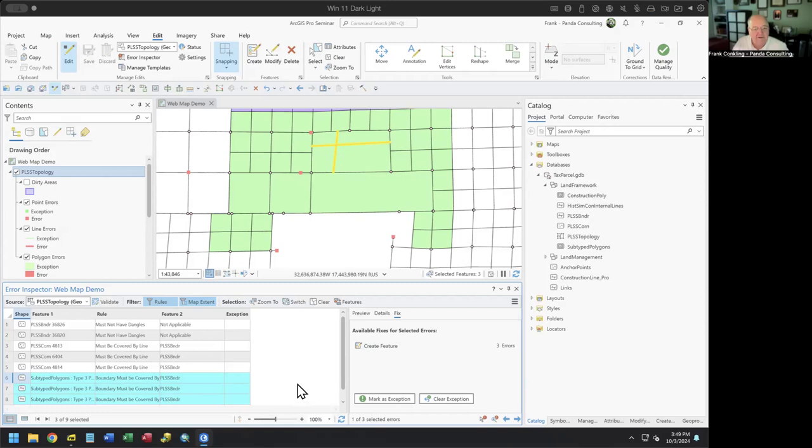All right, but at least on this, we've been able to identify that we can apply different rules to different subtypes inside of our feature classes. Now, a subtype can be applied against polygons, against lines, and against different types of points.